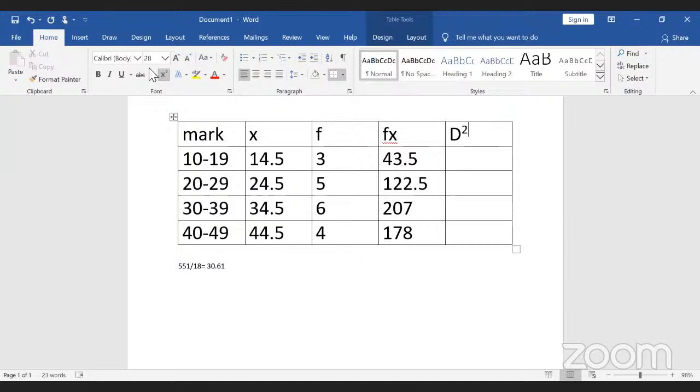Remember the D is deviation, and how did you get D? We said it is x minus x bar. How far away from the mean is each mark? So we have a column for D squared. What is D? Deviation from the mean.